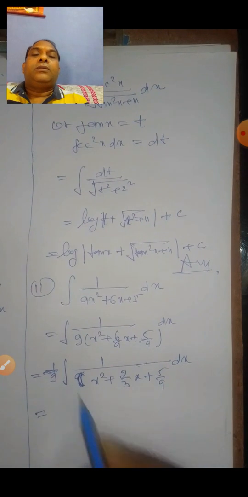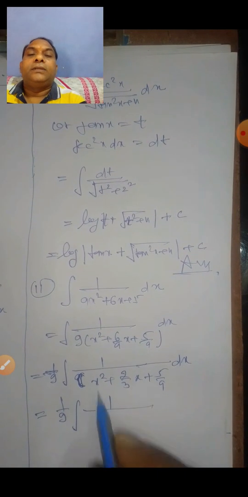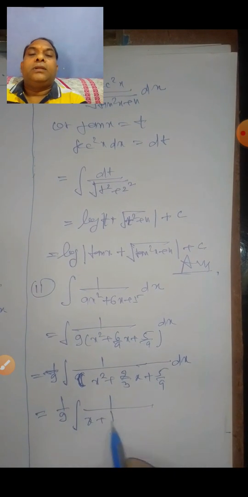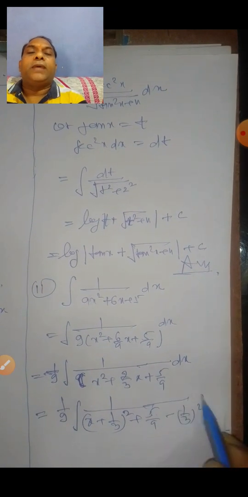Now completing the square, then 1 by 9 integration 1 upon x plus 1 by 3 whole square plus 5 by 9 minus 1 by 3 whole square.